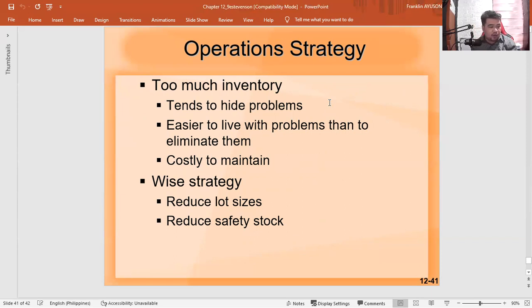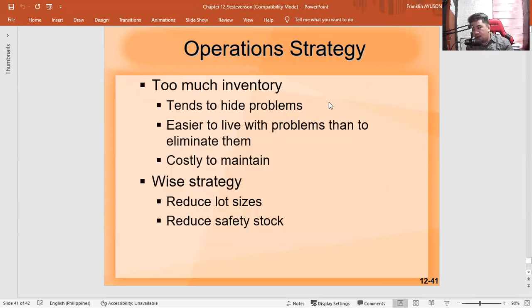And of course, in our discussion, the EOQ, EPQ, and economic quantity order, EQO, must be determined. So economic means the optimum quantity, either in production, either in ordering, either in the quantity that we have in our inventory.